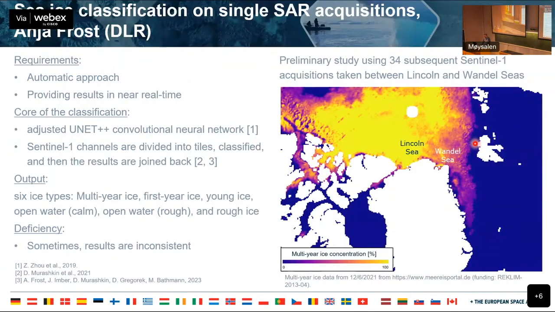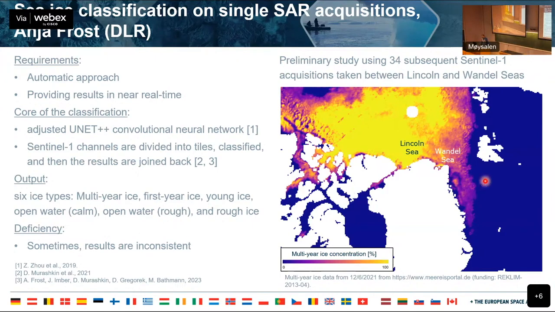Another example from Anja Frost and colleagues is on classification of different ice types. They were using an adjusted UNet and deriving 6 ice types: multi-year ice, first-year ice, young ice, open water, calm and rough ice.